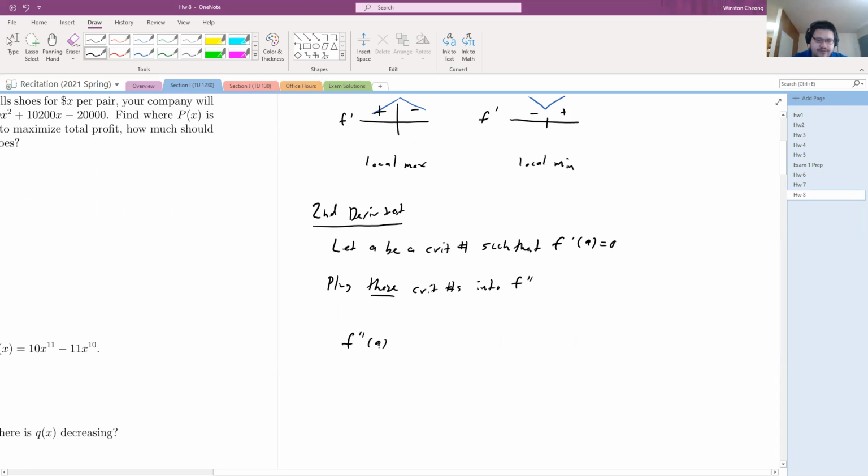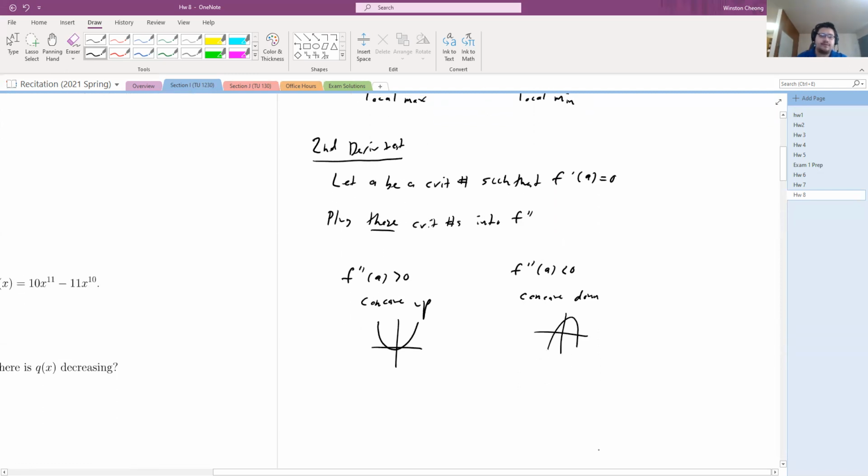If you plug it into the second derivative and you get a positive, that means concave up, which pictorially looks like this. If you plug into the second derivative and you get something that is negative, that means concave down, which means that you get a picture that looks like that. And that's how you would then tell local min or max. So concave up means local min. Concave down means local max.